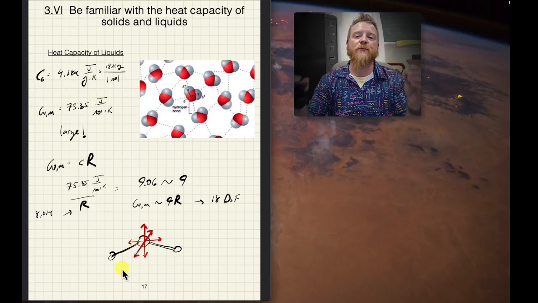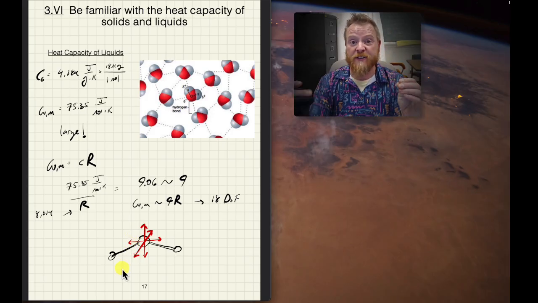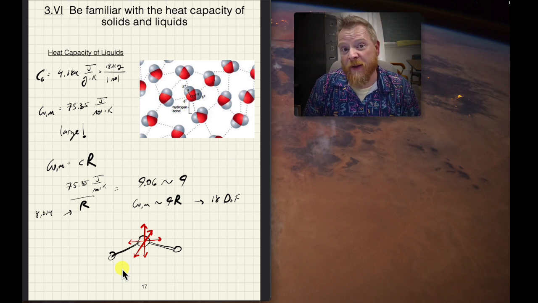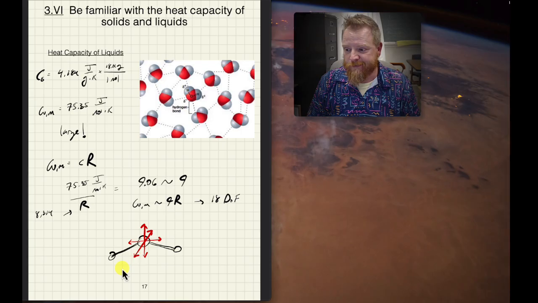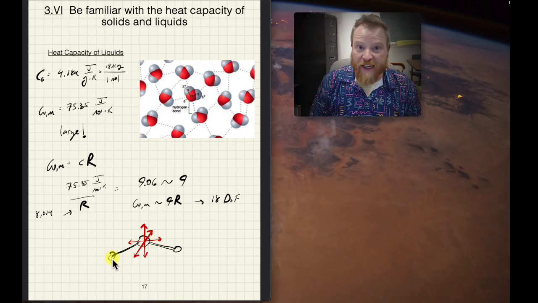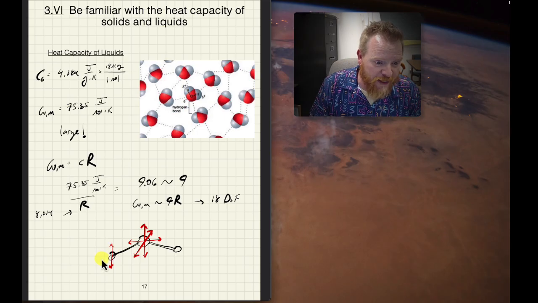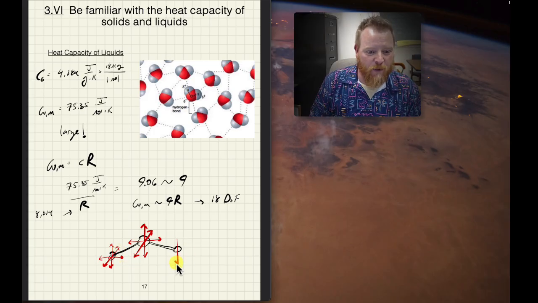If we imagine fixing the location of those hydrogens and allowing that oxygen to move, we're really just describing molecular vibration, right? Well, each hydrogen can also do the same thing. Each hydrogen can move in the plus minus z, the plus minus y, and the plus minus x. And then same with this hydrogen here, 6 degrees of freedom.